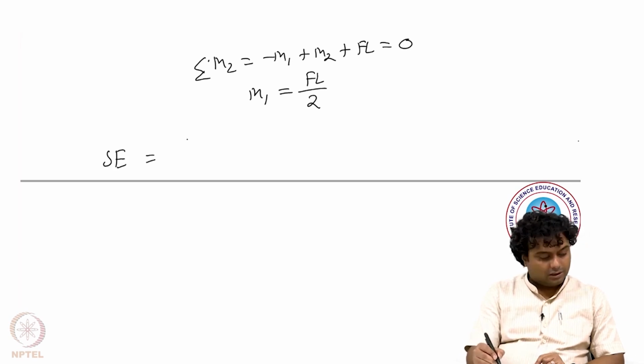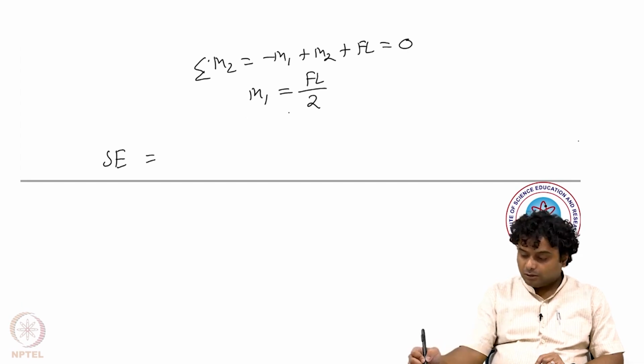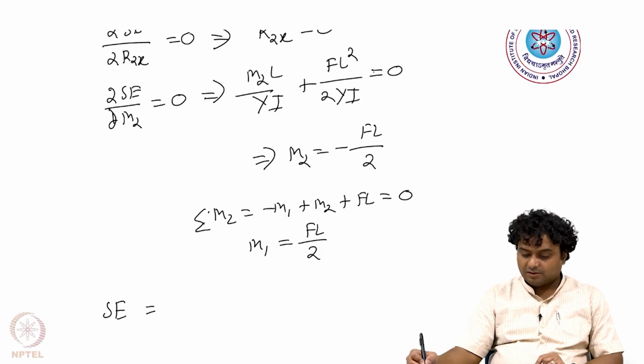So strain energy is equal to: R2x is 0, so that term becomes 0, and M2 is minus FL by 2.